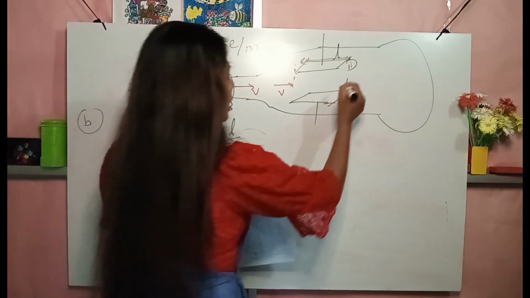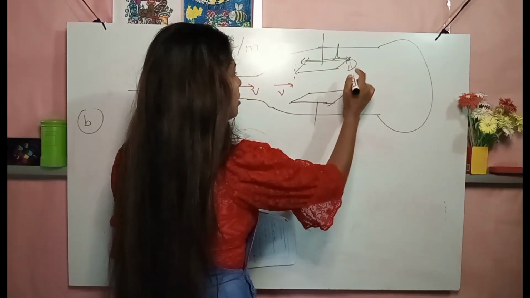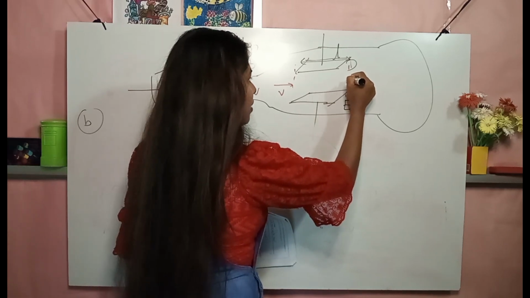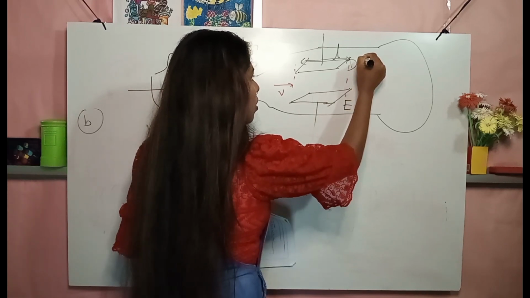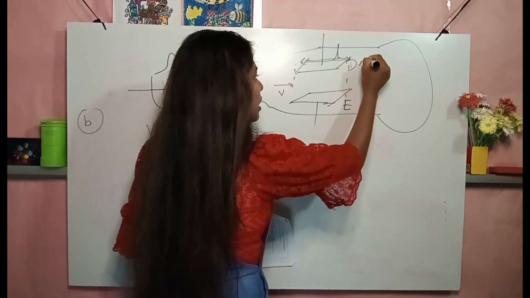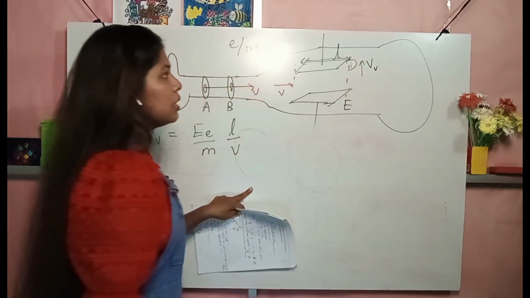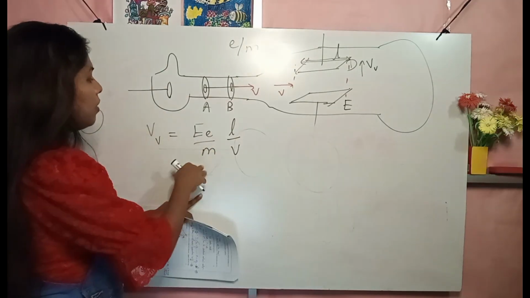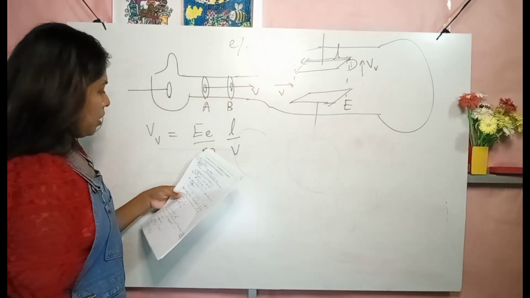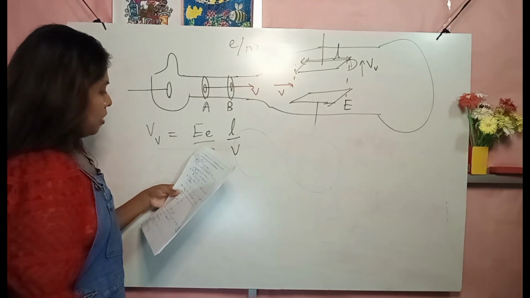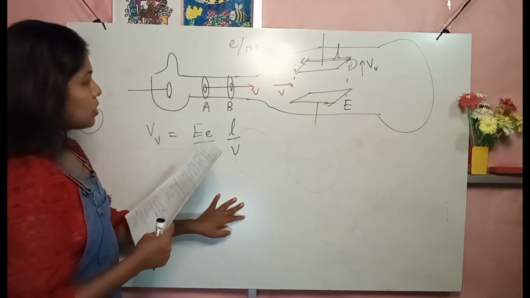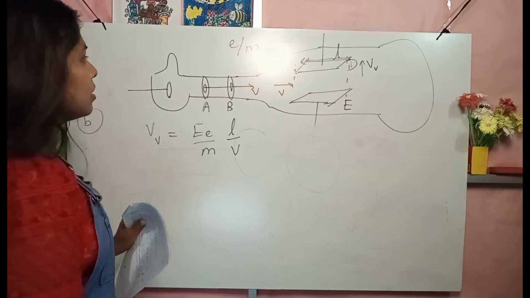So when the charges are leaving these two plates, they are saying that it has a vertical component of velocity as VV, and that can be given from this equation. They are asking us to show that this expression is correct. We have to show that it is correct.